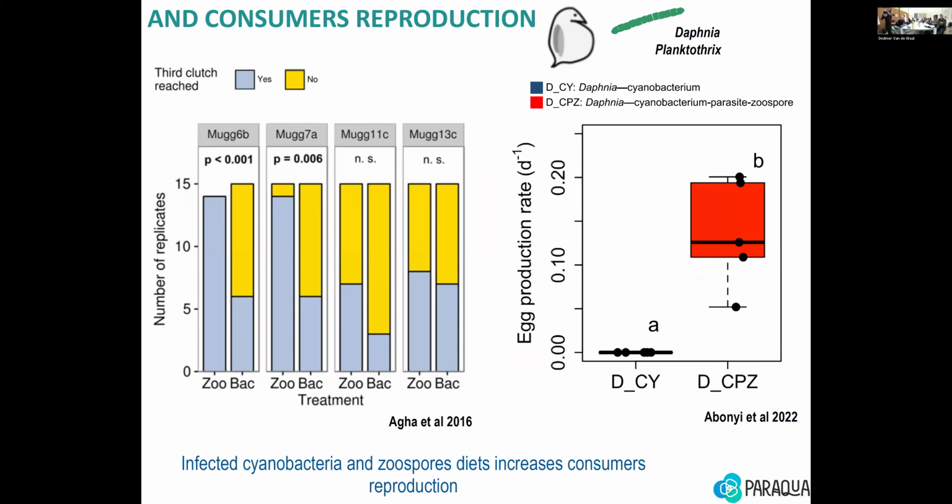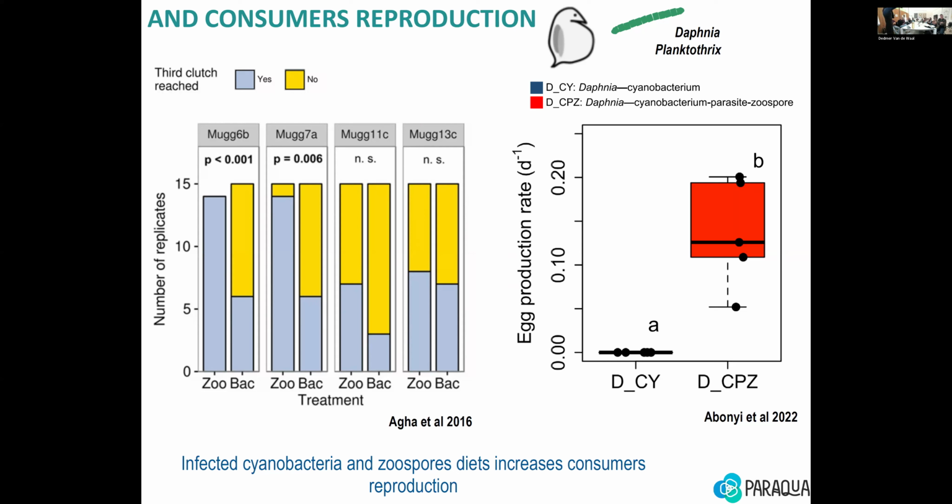Another important point that was shown, which we will see in a few slides, is more directly linked to the importance of Chytrids as a nutritional source. It was the reproduction, because consumers can feed and grow, but they do not reproduce if they don't have the essential nutrients that they need.